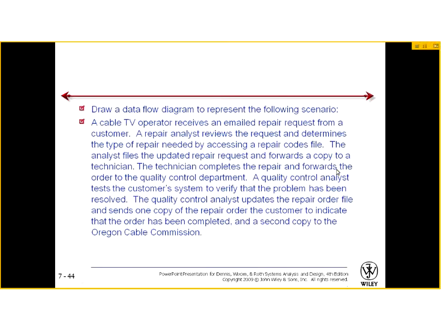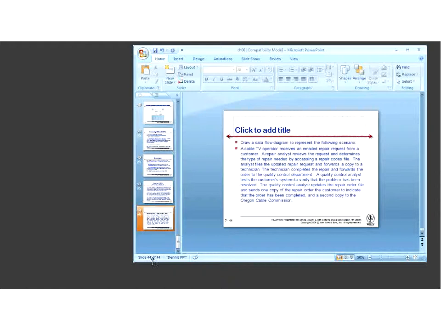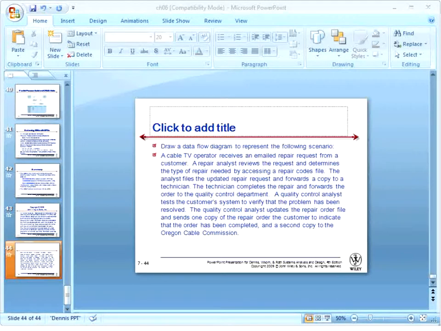So the technician will be an external entity. The technician completes the repair and forwards the order to the quality control department. So the quality control department is another external entity. The customer has to verify the problem has been resolved, updates the repair order, and sends a copy to duplicate information. So you can expect such kind of questions in your midterm exam.